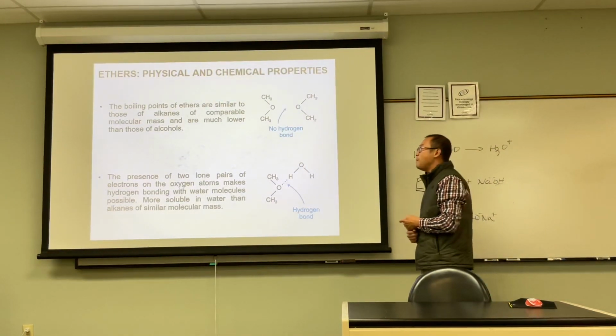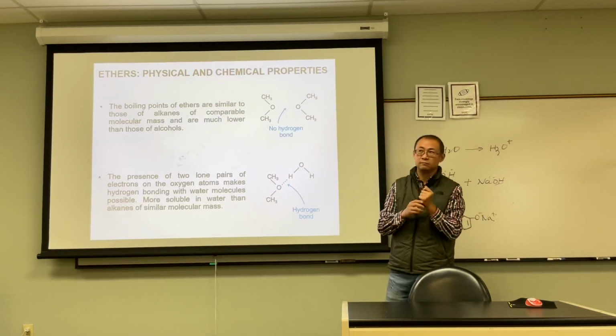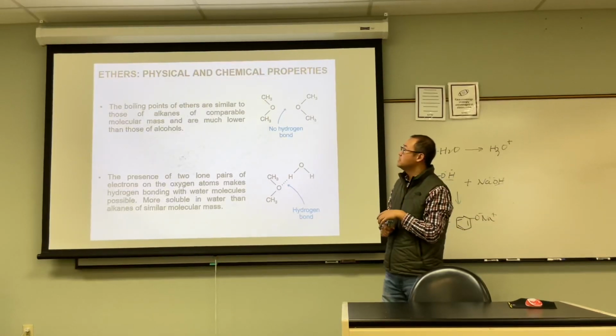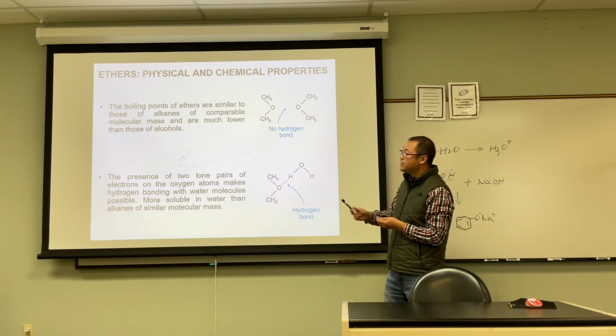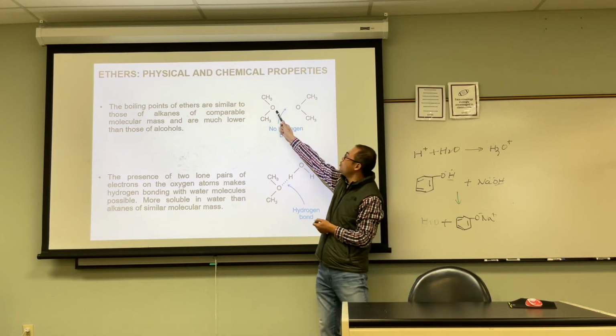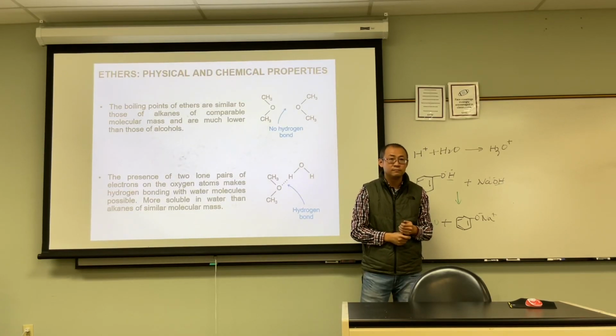Next. The physical property of ether is very similar to alkane, especially the boiling points. Because there's no hydrogen on the oxygen, there's no way you can have hydrogen bonding, unlike the alcohols.